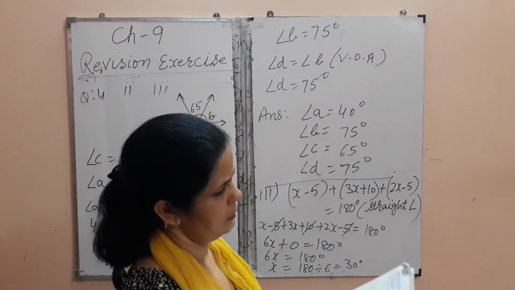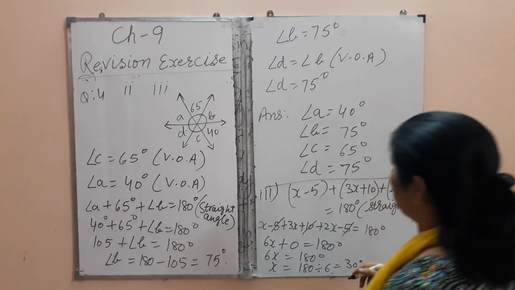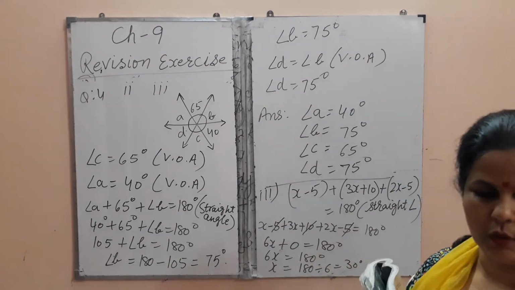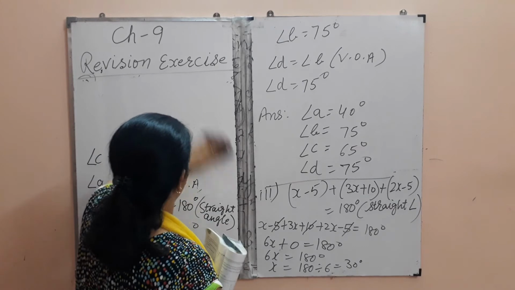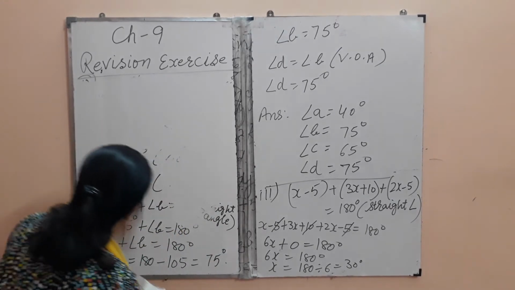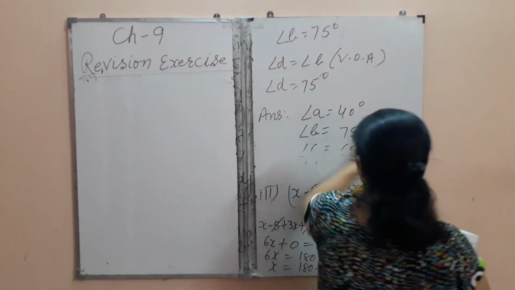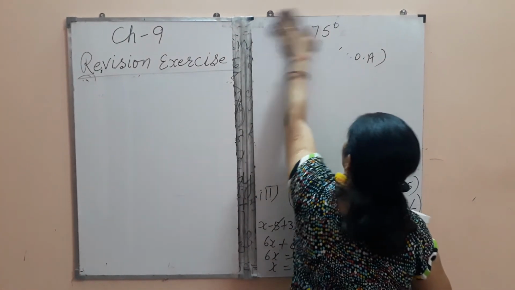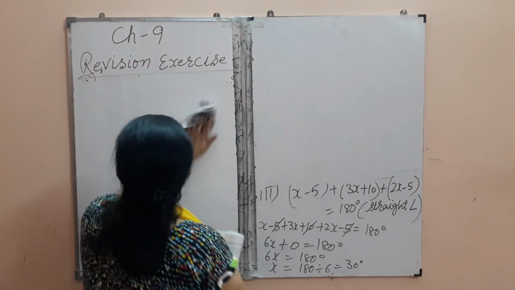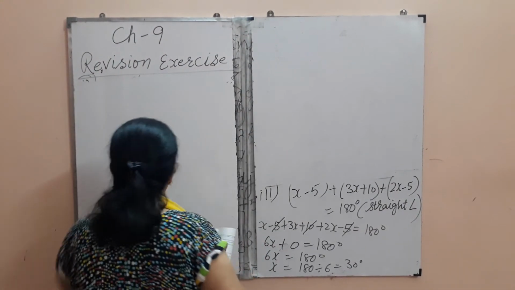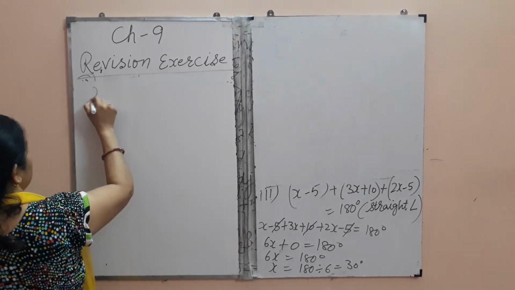In this also find the value of unknown angles. So you have to find out the value also. So how will we find out the value? We will put the value of x in these angles. Value of x is 30 degree. So how will we find out the angles? First angle is x minus 5.